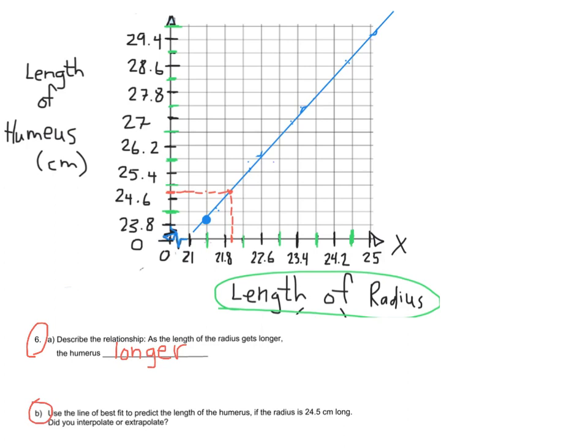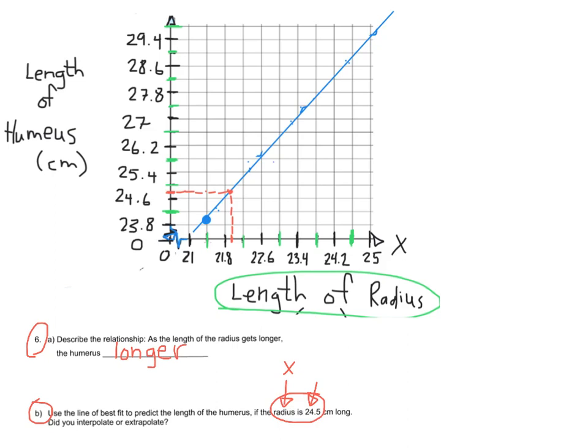Then B states use the line of best fit to predict the length of the humerus if the radius is 24.5 centimeters long. Again, making another prediction. It's asking us if the radius, so the x-axis, is 24.5 centimeters long, what is the length of the humerus?